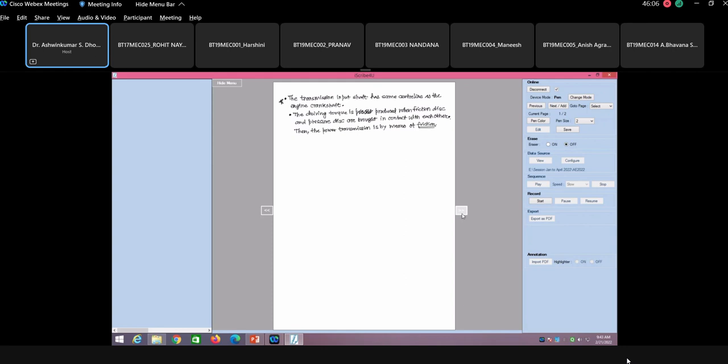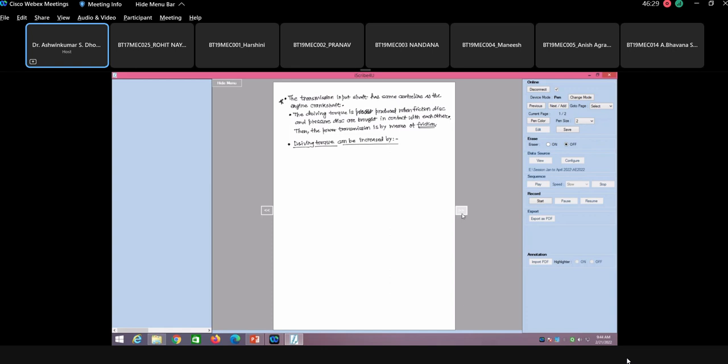Now then, how to increase the driving torque? What are the ways to increase the driving torque?